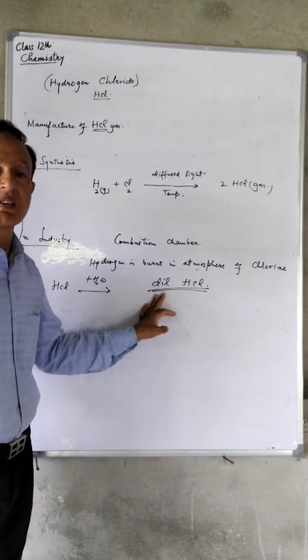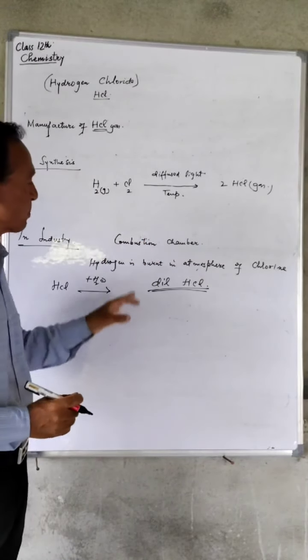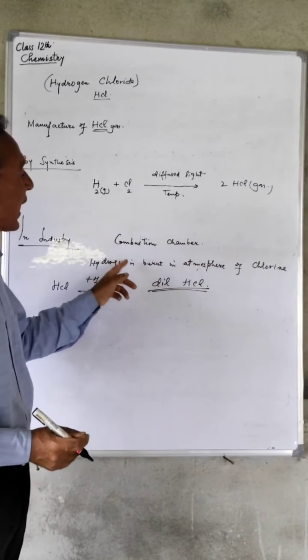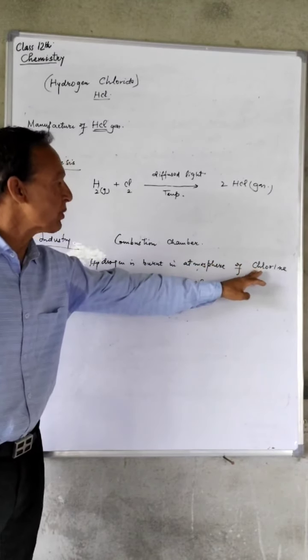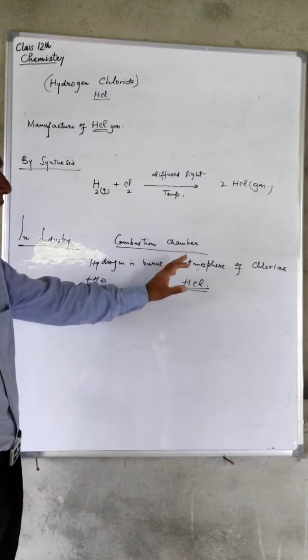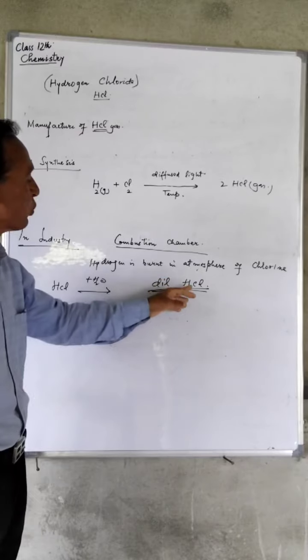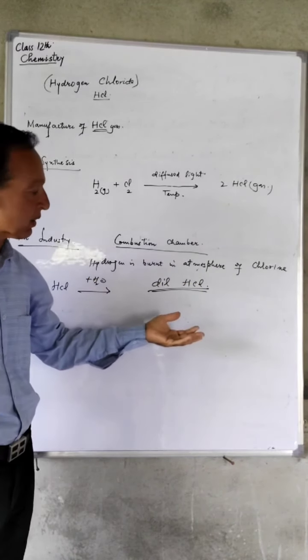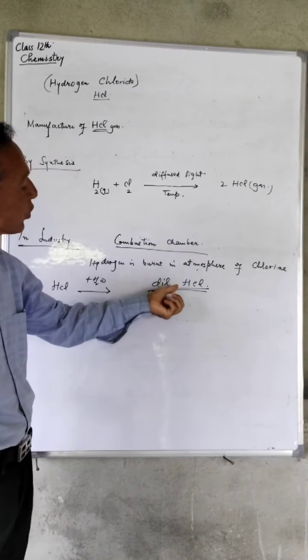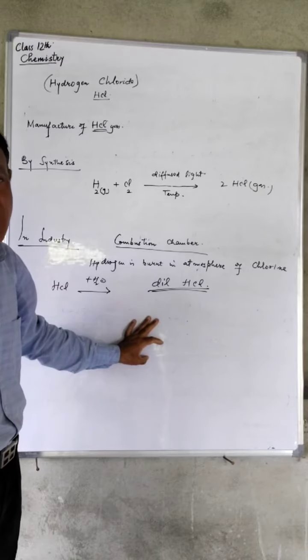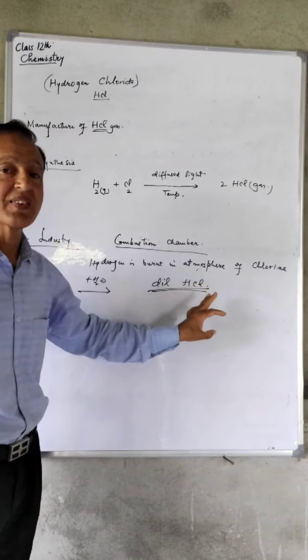This HCl gas is formed by burning hydrogen in an atmosphere of chlorine in the combustion chamber. There the HCl that forms, we allow to get absorbed in the water and we get dilute HCl. To the dilute HCl we pass more and more HCl gas so that it becomes concentrated.